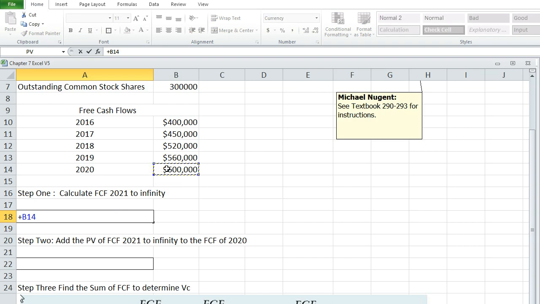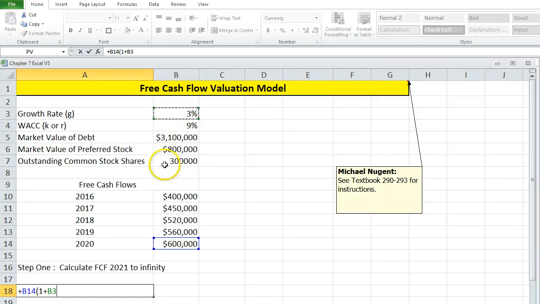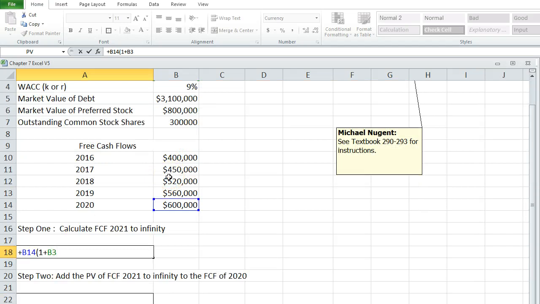And then we're going to divide that by the, well, first we have to escalate that. So let's escalate that by the growth factor. We're going to multiply that by 1 plus G, 3%. First that's going to give us our free cash flow for 2021, because I'm taking 2020 and escalating it by 3%.